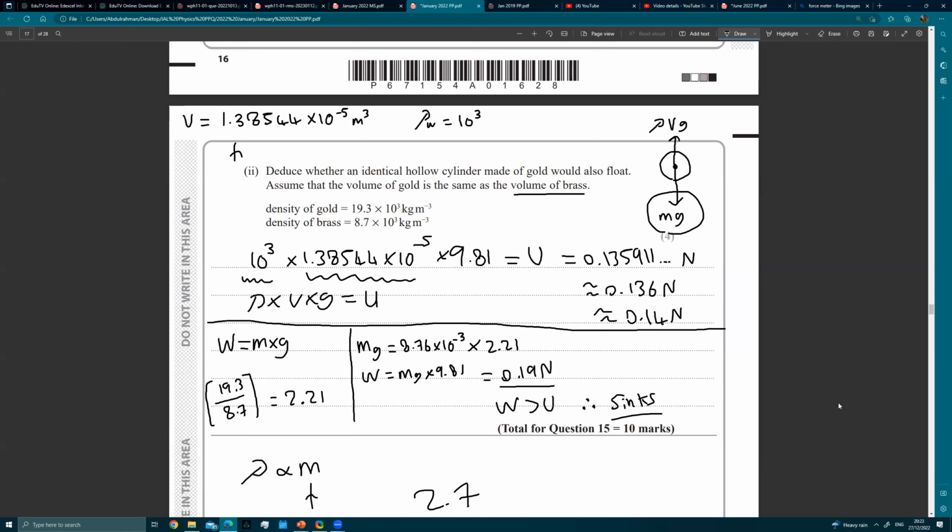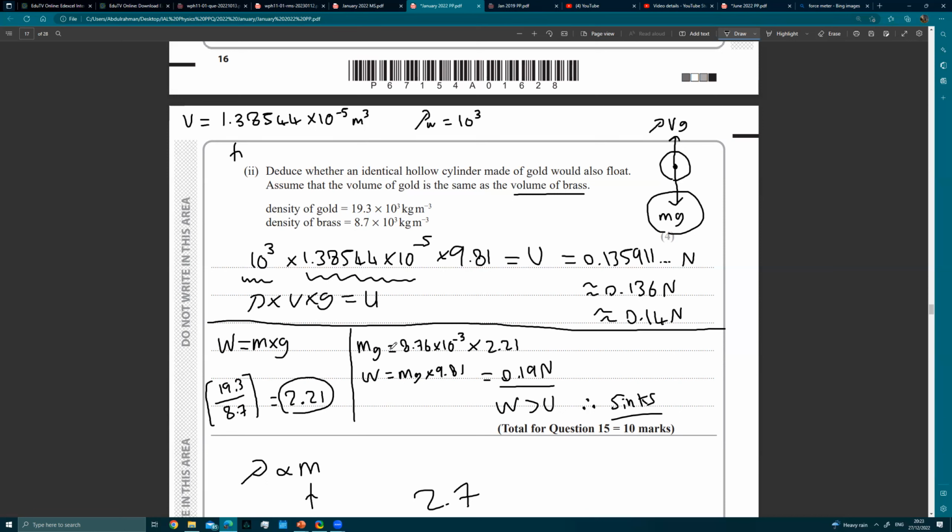Yeah, so kind of. Well, give me a second, please. We're working out. No problem. So how do you get the mg again? The mass? Okay, so I didn't know the mass, but I knew that the density of gold is 2.21 times larger than the density of brass, correct? Yeah.